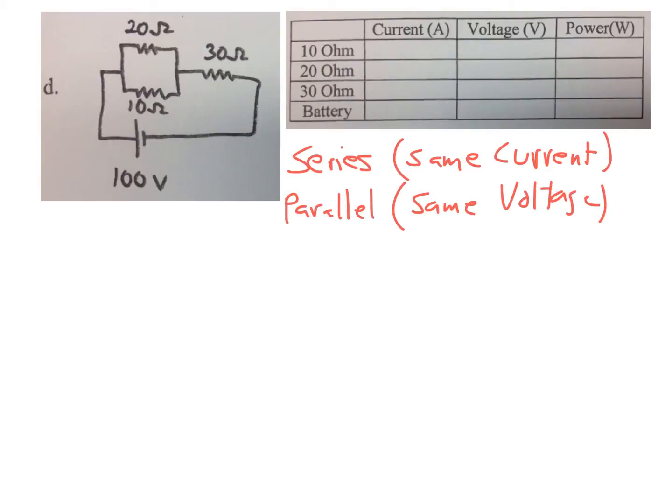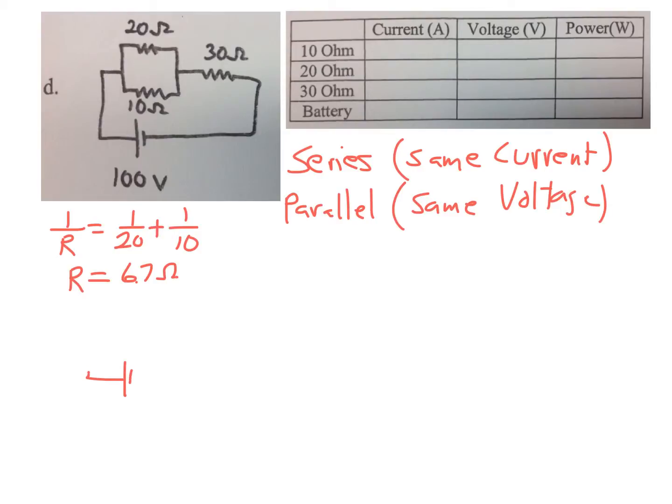One of the techniques that we use is simplifying the circuits, drawing these diagrams. The 20 and the 10 are in parallel, so I will use the rule where 1 over the combined resistance is 1 over 20 plus 1 over 10. The resistance for those two resistors is 6.7 ohms combined. Draw the diagram.